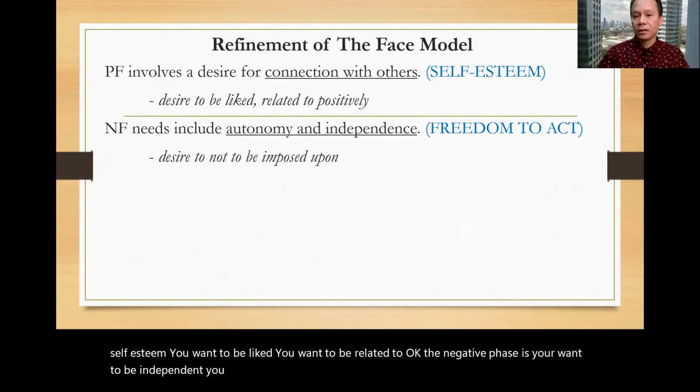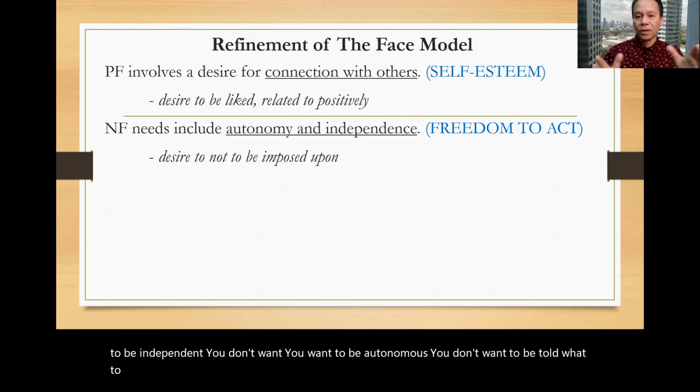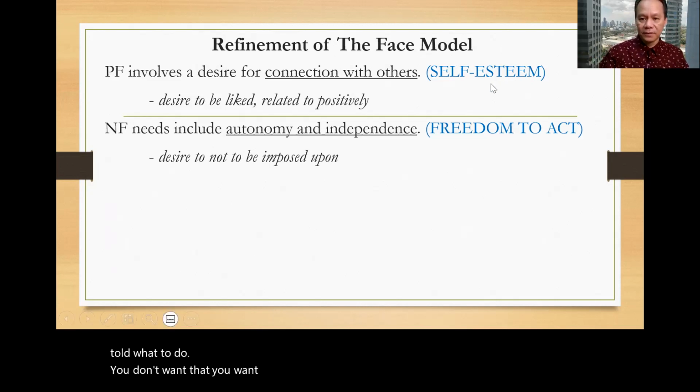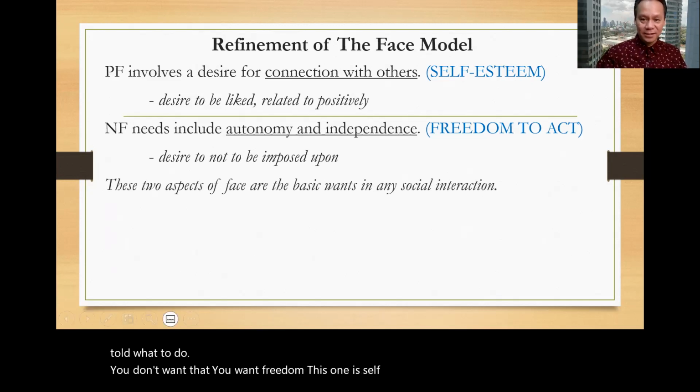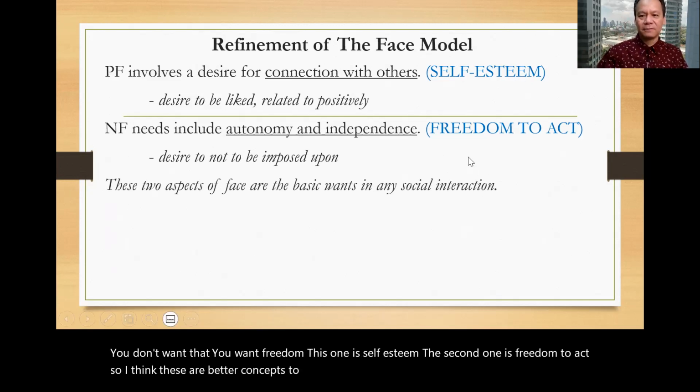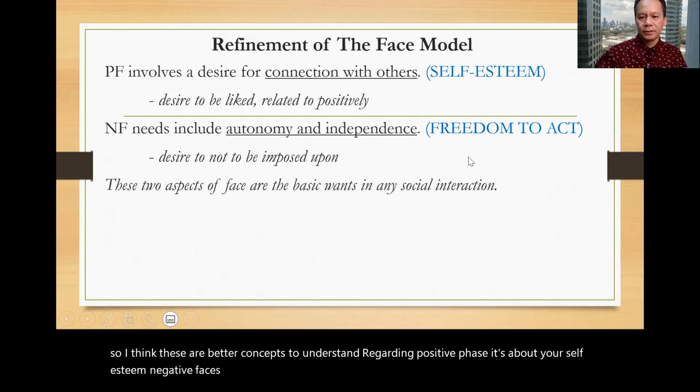You want to be autonomous. You don't want to be told what to do. You want freedom. This one is self-esteem. The second one is freedom to act. So I think these are better concepts to understand regarding positive face. It's about your self-esteem. Negative face is your freedom to act.